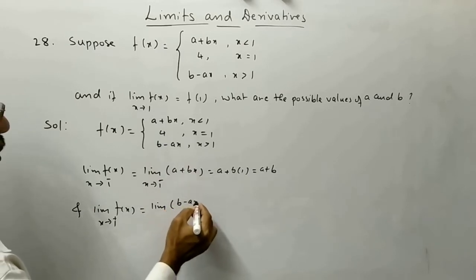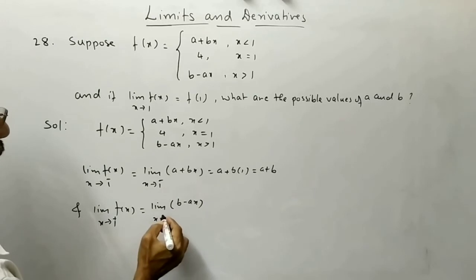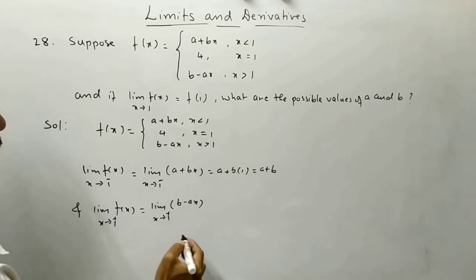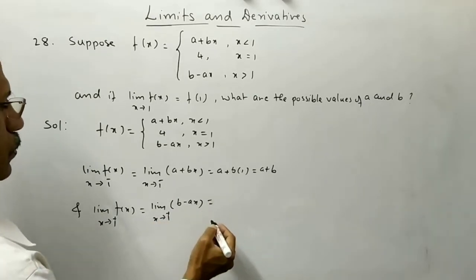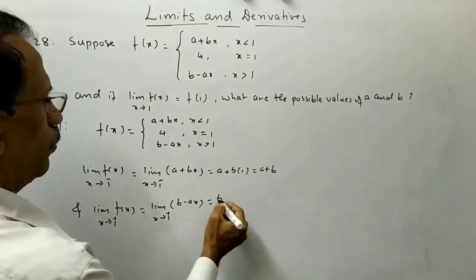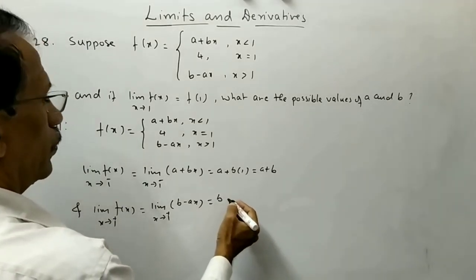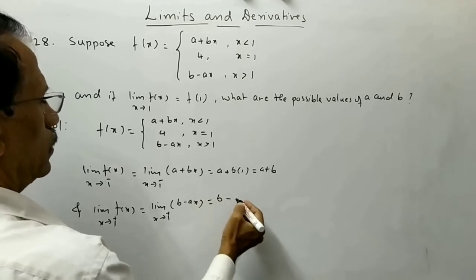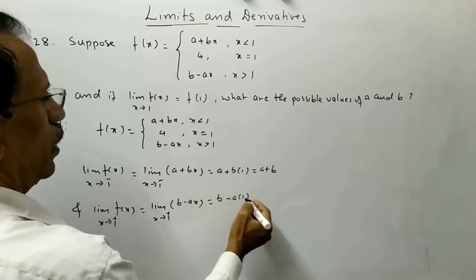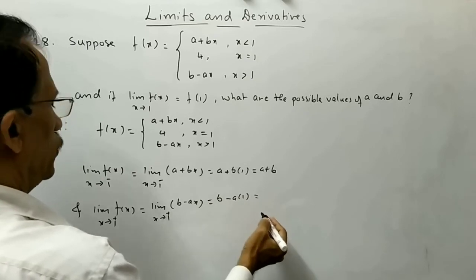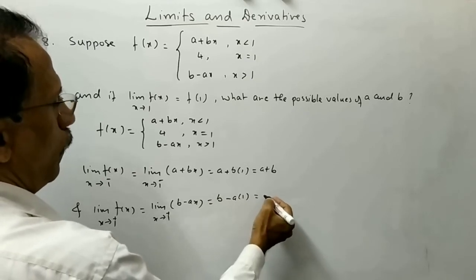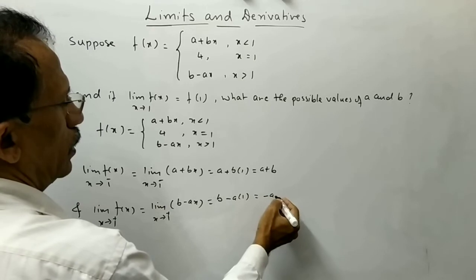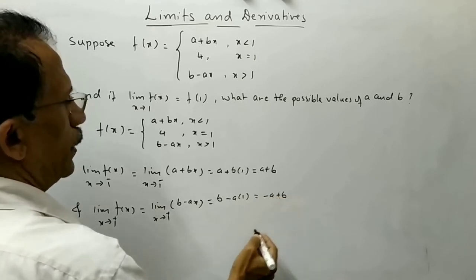The limit of b minus ax when x tends to 1 is equal to b minus a into 1, which is equal to minus a plus b.